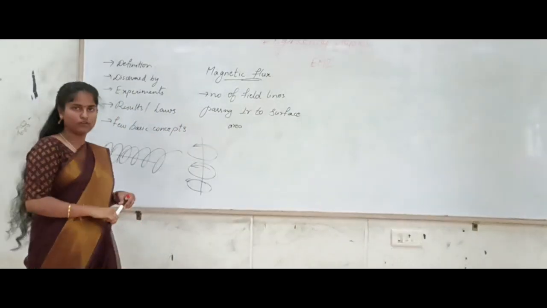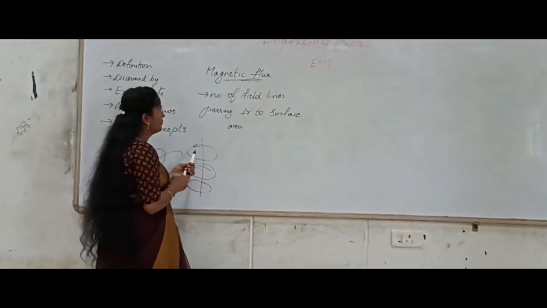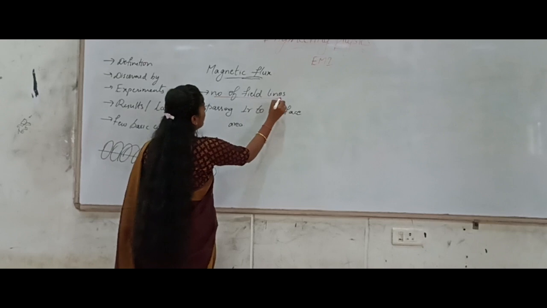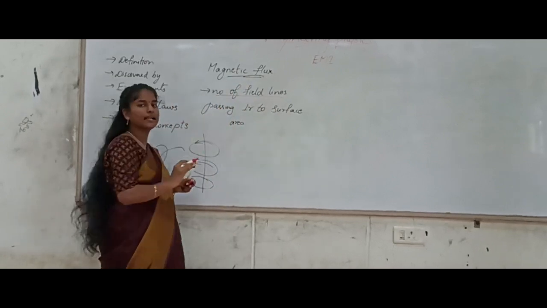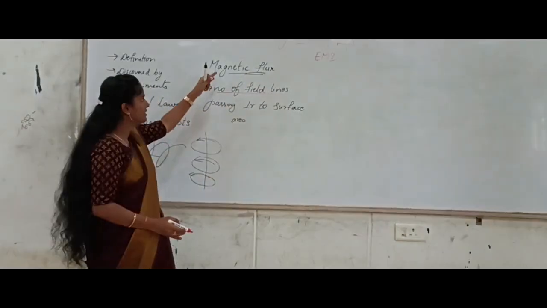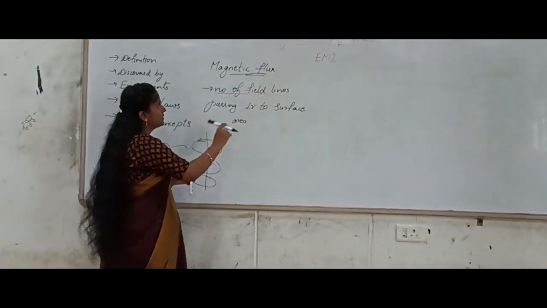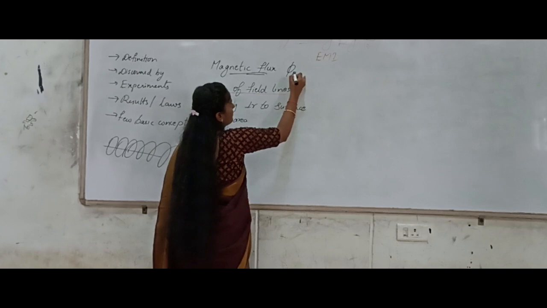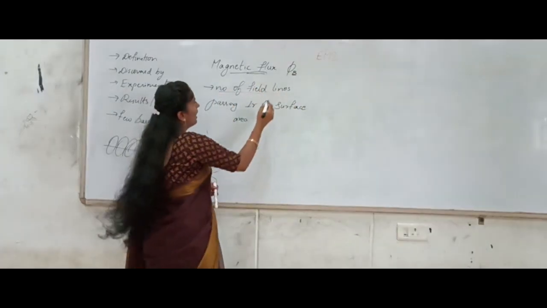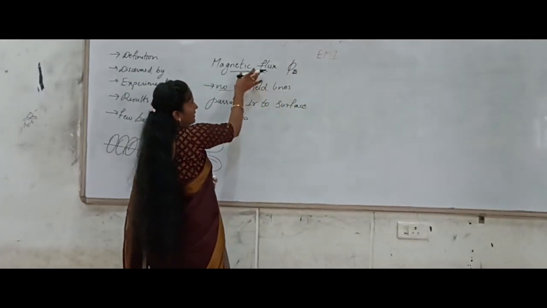So what does that mean? Here we can see clearly that magnetic flux is the number of field lines, and it's denoted by phi B. B represents the magnetic field and phi represents the magnetic flux.